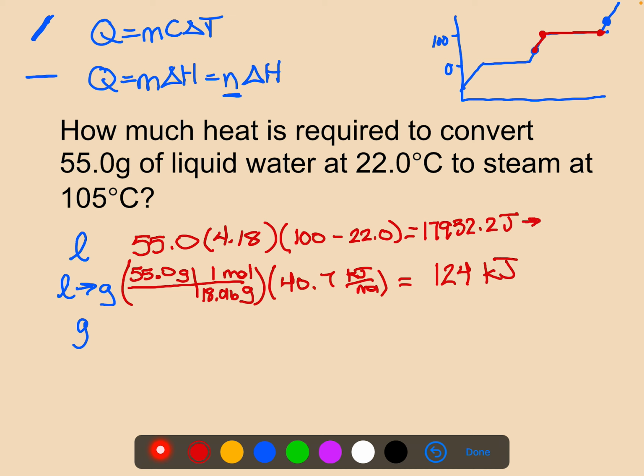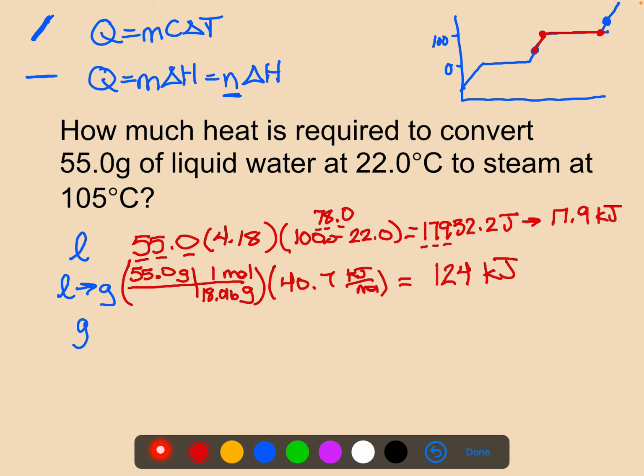Our mass had 3 sig figs here. 100, we can assume it's 100.0 because it didn't give us that number value. So this would be 78.0, which also has 3 sig figs. If we round our answer to 3 sig figs and put it in kilojoules, it would end up being 17.9 kilojoules. So that is the value that we're going to end up adding together at the very end.